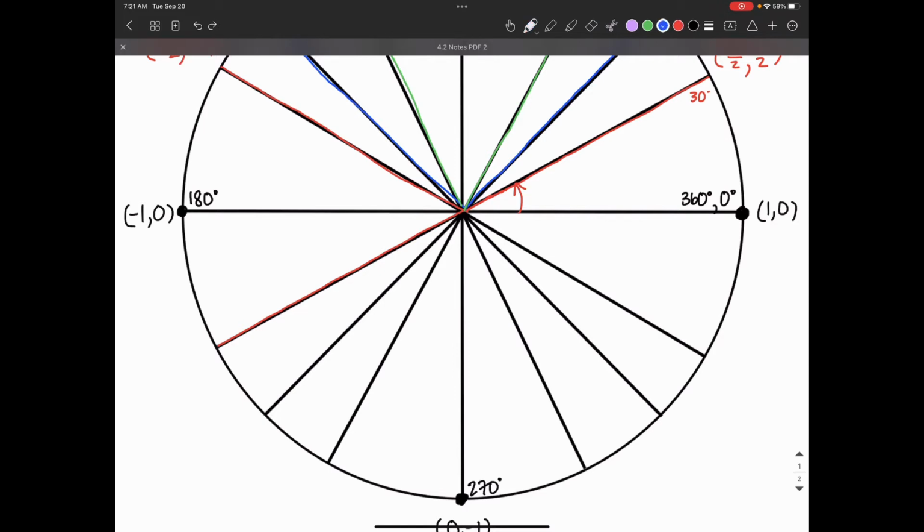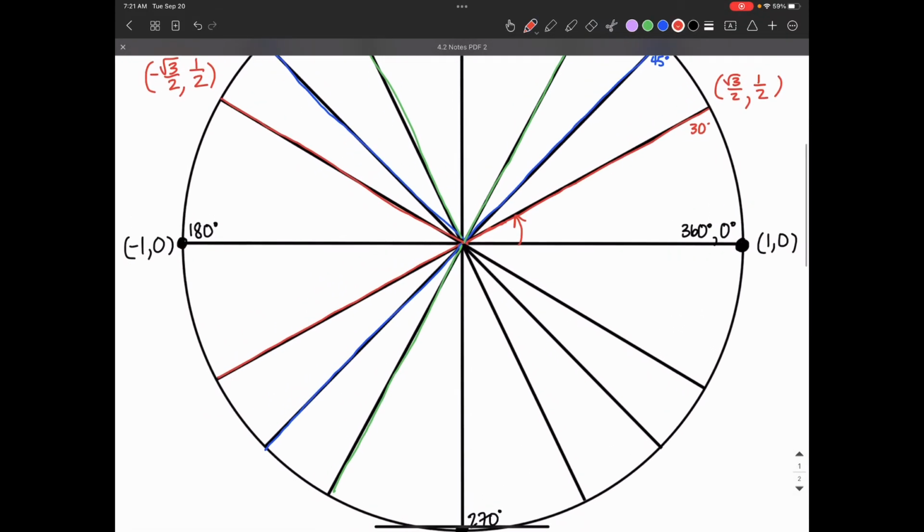This is 45 degrees from the x-axis, and this is 60 degrees from the x-axis. So the first one corresponds to 30 degrees. The second one corresponds to 45 degrees, and the last one corresponds to the 60 degrees.